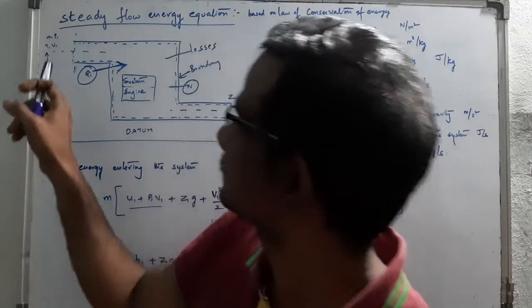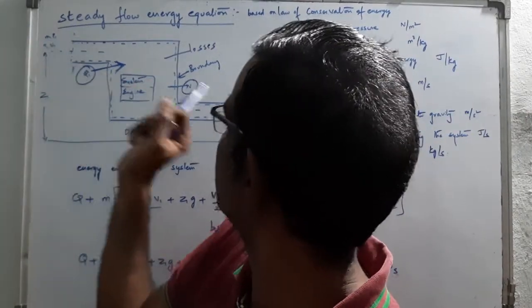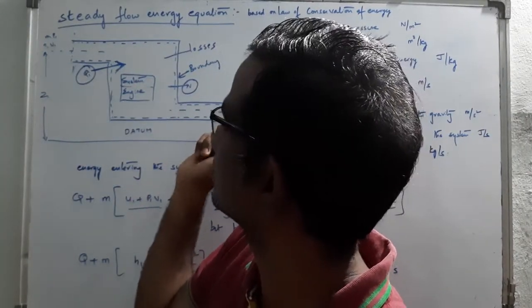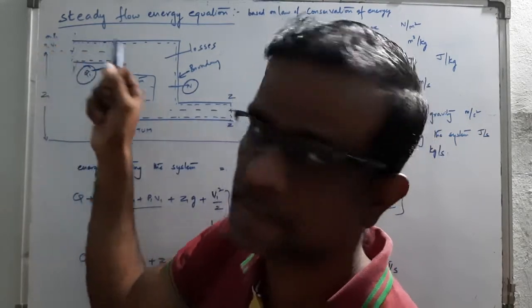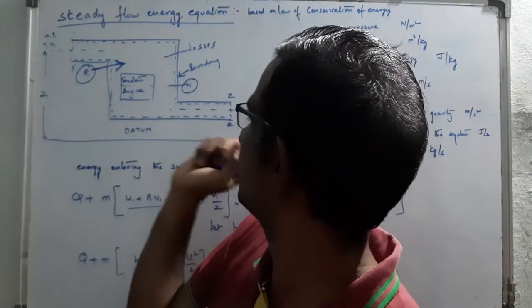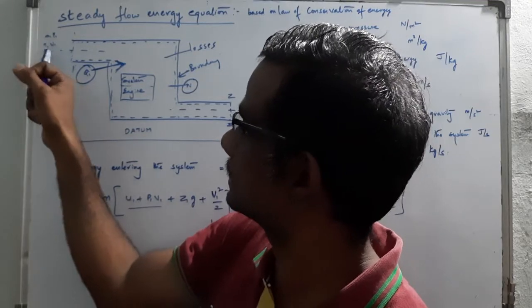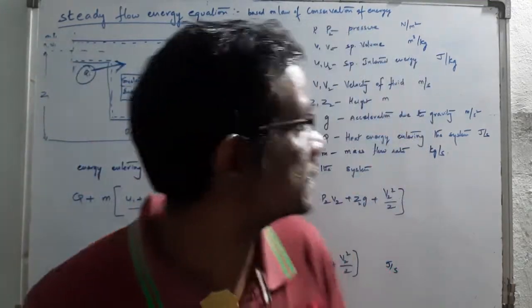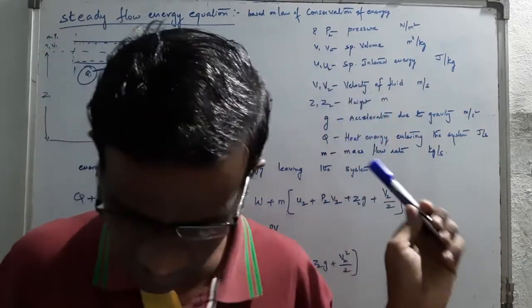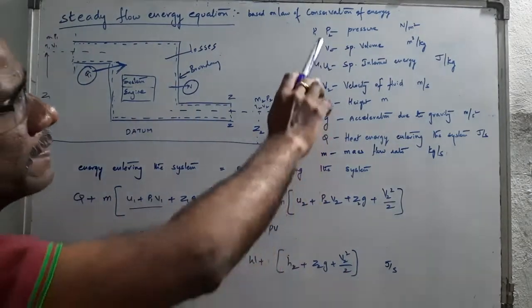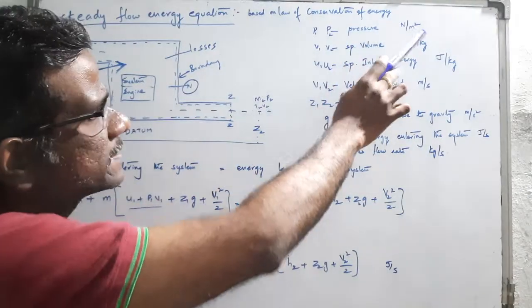M1 is the mass entering and M2 is the mass leaving the system. P1 is the inlet pressure and P2 is the outlet pressure. P1, P2 are the pressures in Newton per meter square.